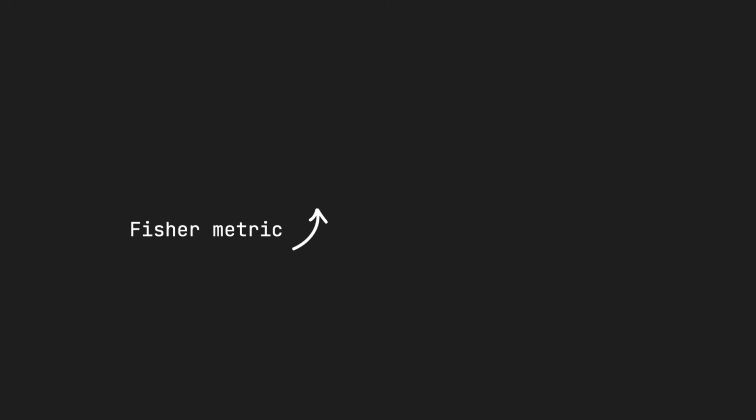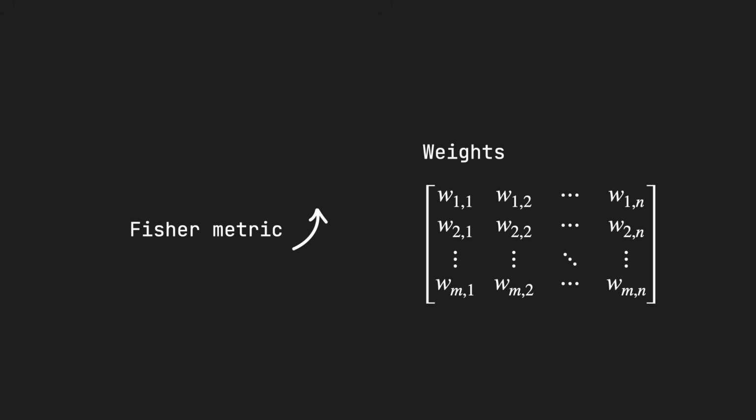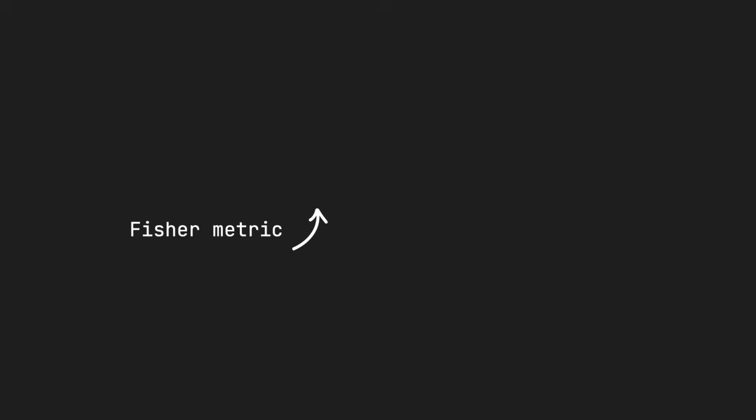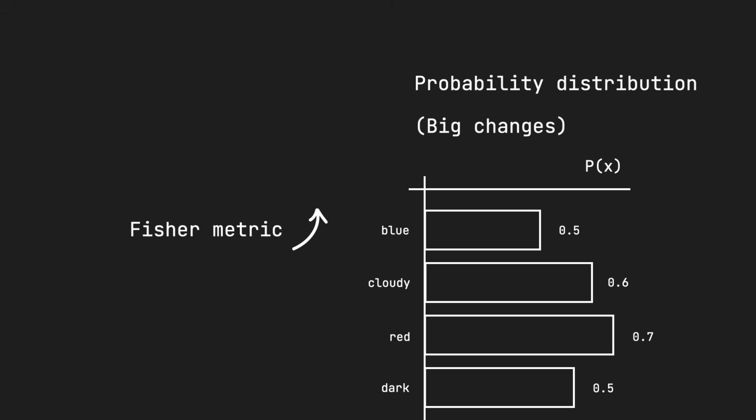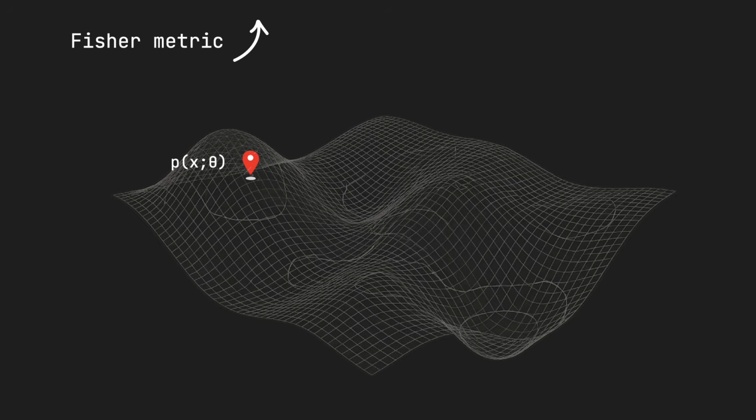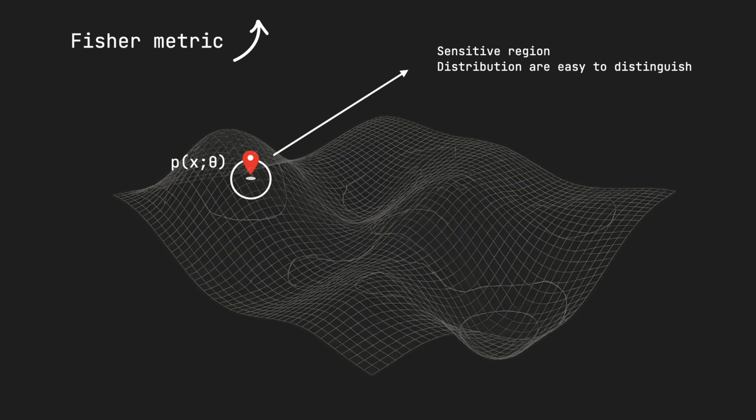When the Fisher metric value is high, as we're training and making small changes in the weights, our probability distribution is making big changes. The small changes in the weights equate to big changes in our probability distribution. Geometrically, this means we're going to a sensitive region where distributions are easy to distinguish. So it gives us that insight about the geometry.